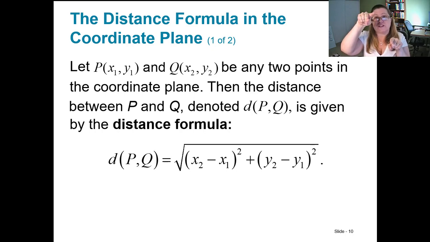Well, if you can imagine this distance being the hypotenuse of a triangle, right? So much up, so much away, vertically and horizontally, connecting the dots becomes a right triangle. And to find the hypotenuse of a right triangle, we have the Pythagorean theorem: a squared plus b squared equals c squared.